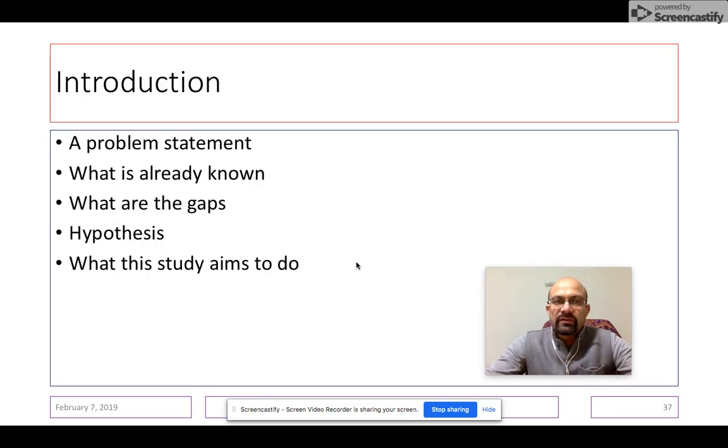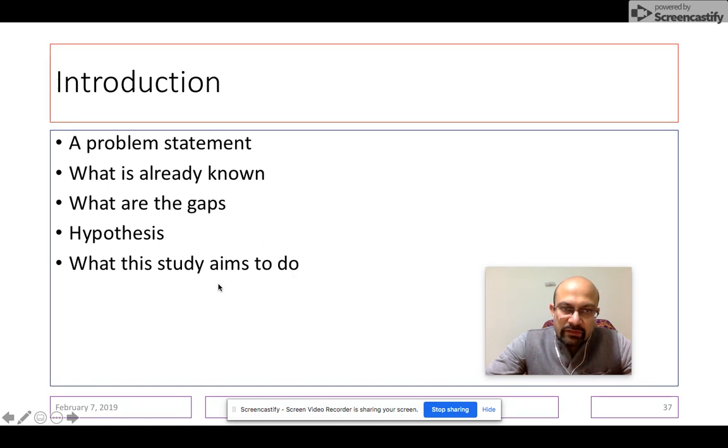So please remember, start with the problem statement, the morbidity, mortality statistics, the incidence rates, the prevalence rates in the world. You talk about what is already known, what are the gaps in literature, what is the hypothesis, and what this study aims to do. That's the last and the most important portion.